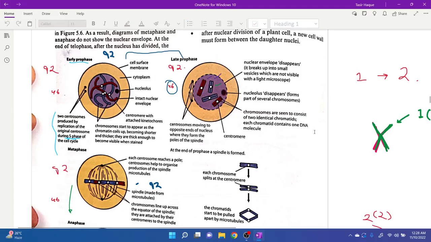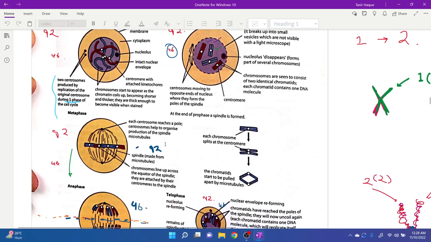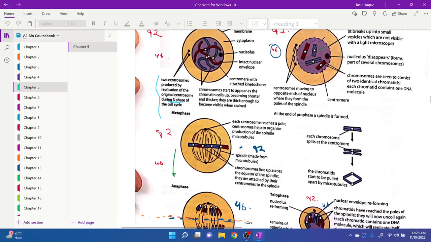The centrosomes move to the opposite poles where they form the poles of the spindle, and the centrosomes help to organize production of spindle microtubules. The spindle actually attaches to the centromere. Chromosomes line up across the equator of the spindle. They are attached by their centromeres to the spindle.